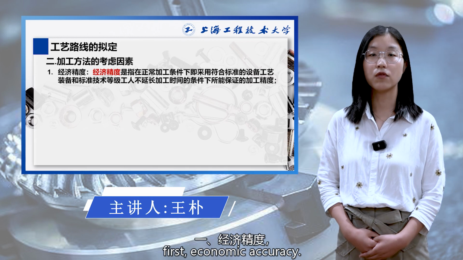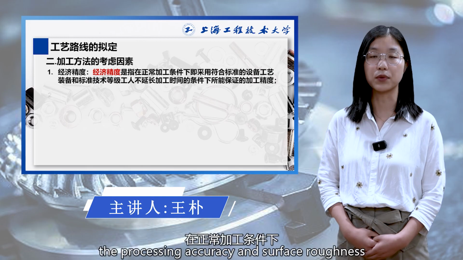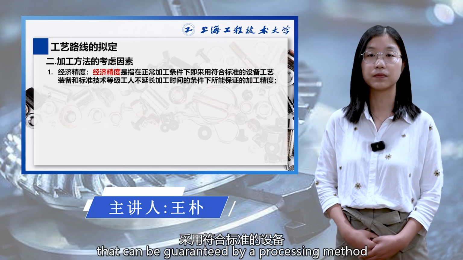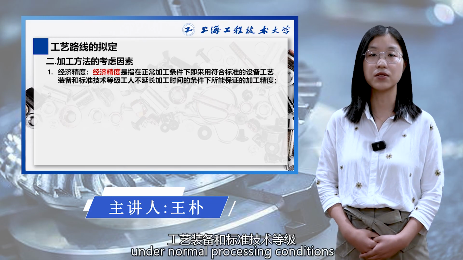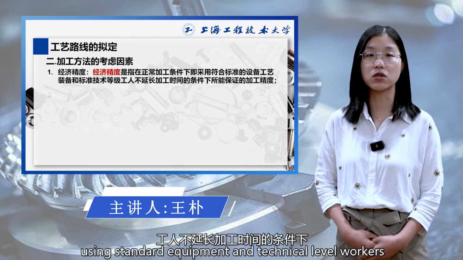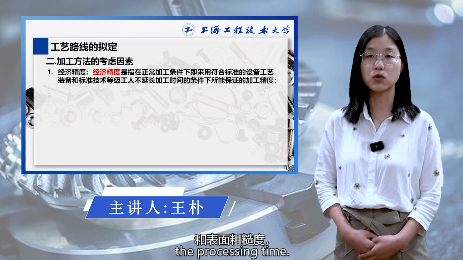First, economic accuracy. Economic accuracy refers to the processing accuracy and surface roughness that can be guaranteed by a processing method under normal processing conditions, using standard equipment and technical level workers without extending the processing time.